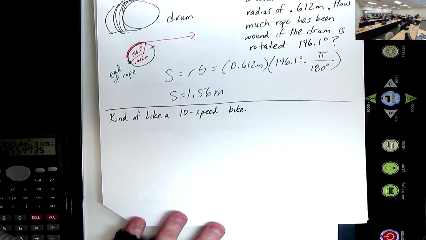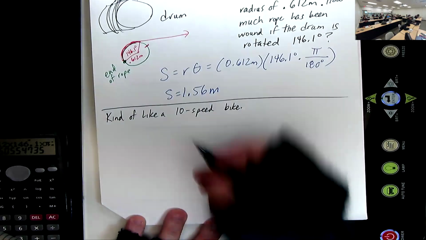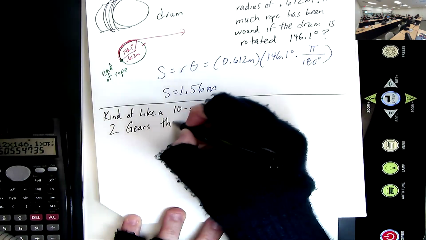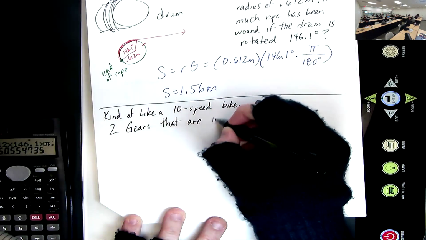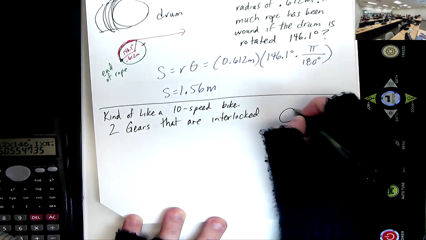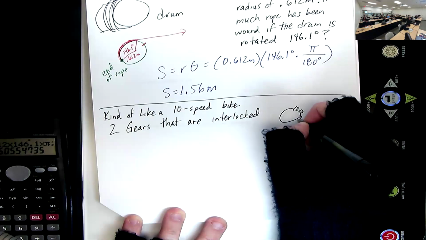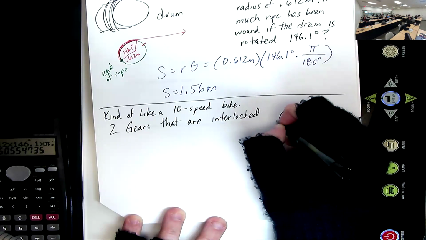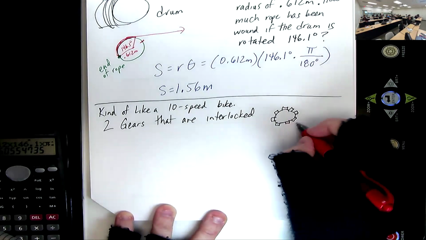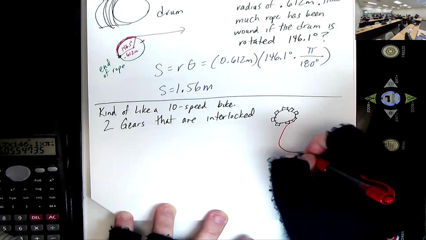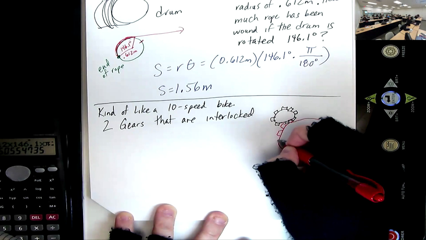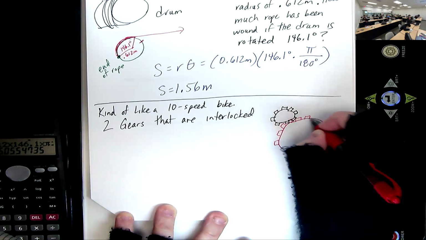What we're doing here is I've got two gears that are interlocked. So gears tend to be round and have teeth on them. That's a gear. And this is interlocked on one that's a much bigger gear. And I don't wanna draw all the teeth, so I'm gonna just leave it at that.